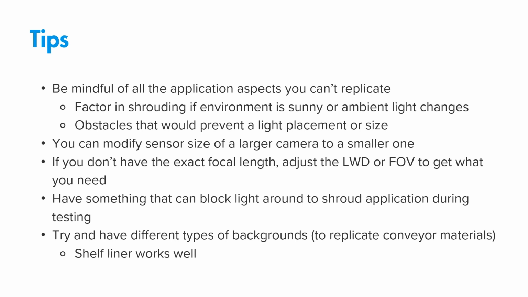Ambient light is going to change. It might be good to factor in shrouding when you're testing your application, but more importantly, installing it on the machine line. Or when you're doing testing, factor in: is the ambient light in my lab having a problem? Because that means it will probably also have a problem when you actually use it on site.